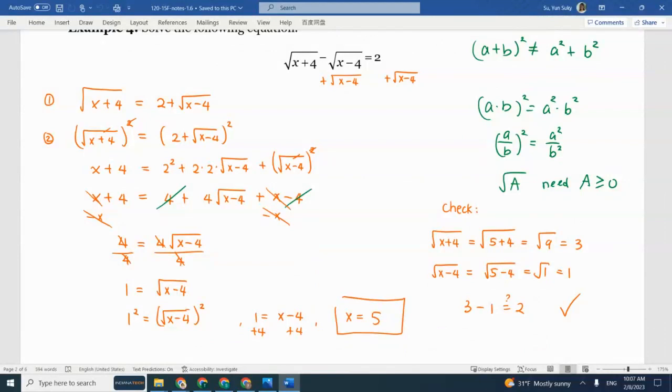Then find the x. Because here, with square roots, radical expressions, the domain is not all real numbers. So we have to check. So plug in this term and plug in this term and see if the left-hand side equals the right-hand side. Do you remember this problem from last time?